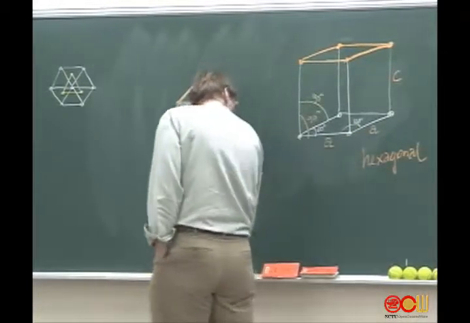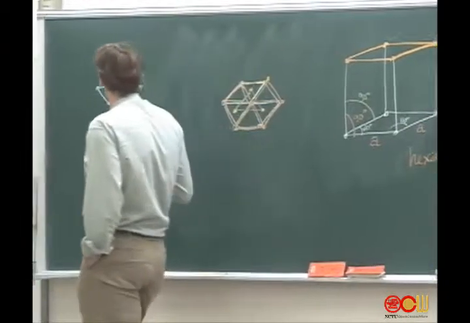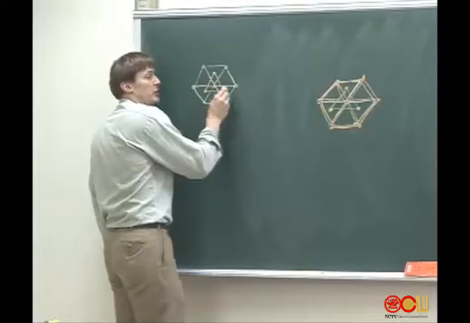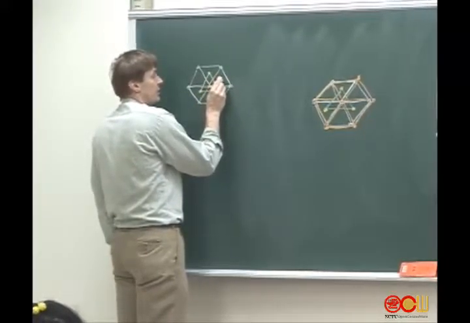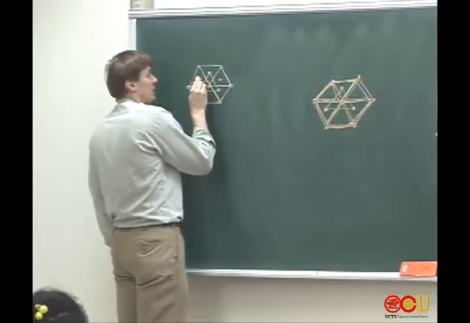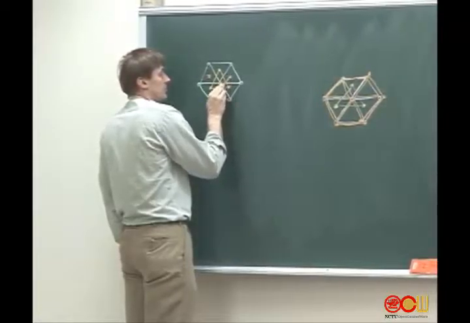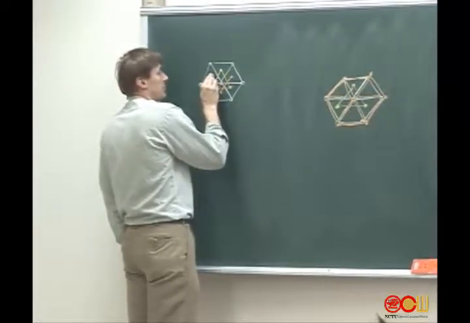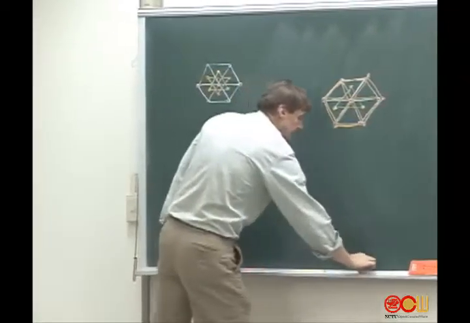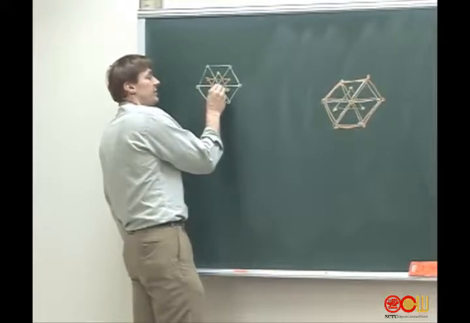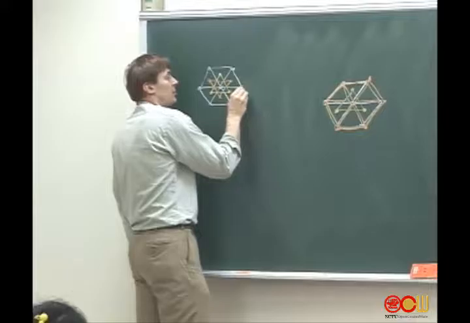And the third layer here was orange. So let's keep the orange. Now, the next atom, I cannot put it here because it would be hexagonal. I have to put it in the place where there was nothing, so here. Another place like that is here. Another place like that is here. And now I'm building the next layer, the fourth one, which would be blue. And that would overlap with this one.